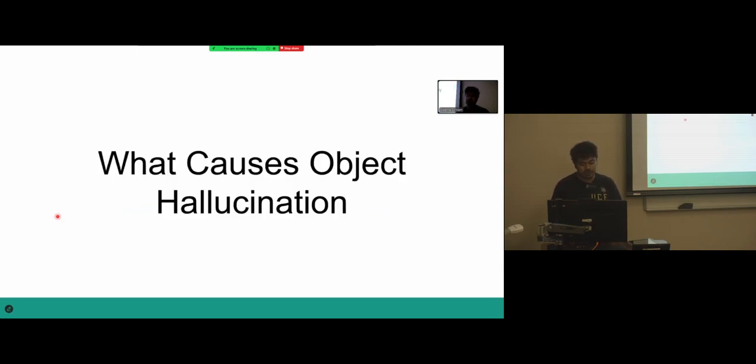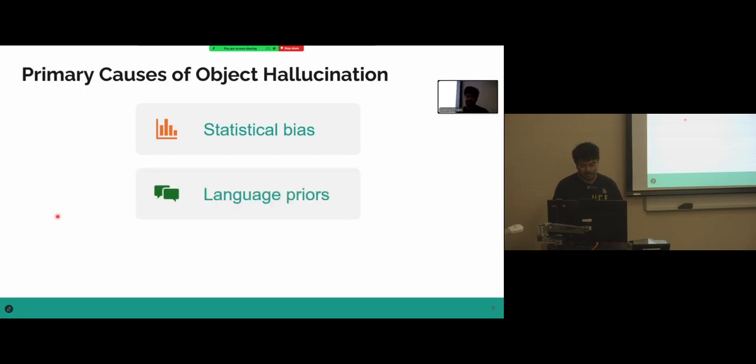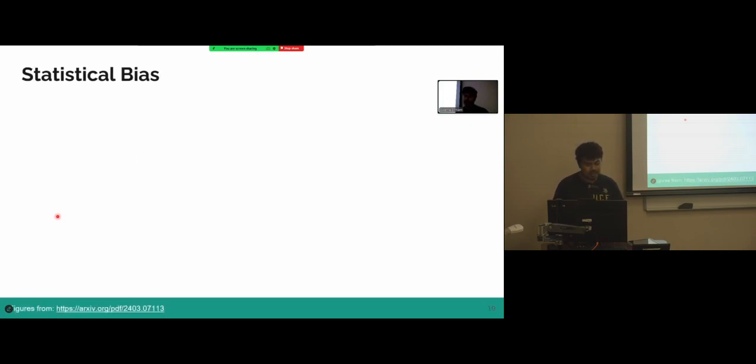So before moving on to the proposed method on how to address this issue, let's quickly go through the primary causes for object hallucination. These causes are statistical bias, language priors, and visual distortion. Let's go through them one by one. Statistical bias.